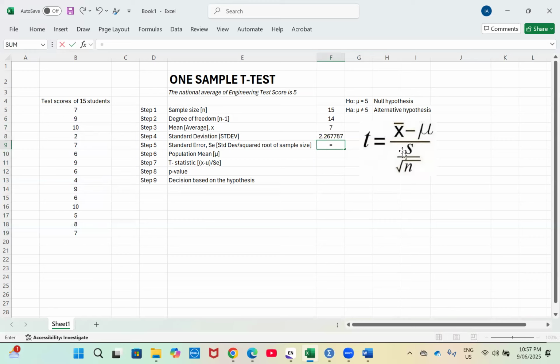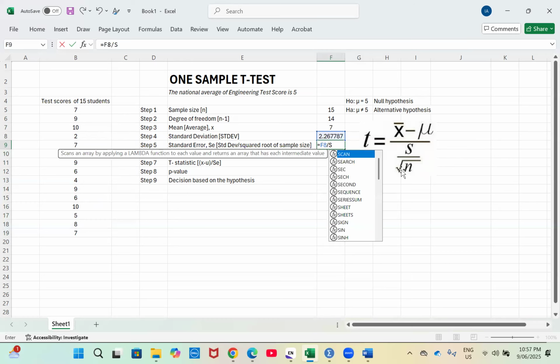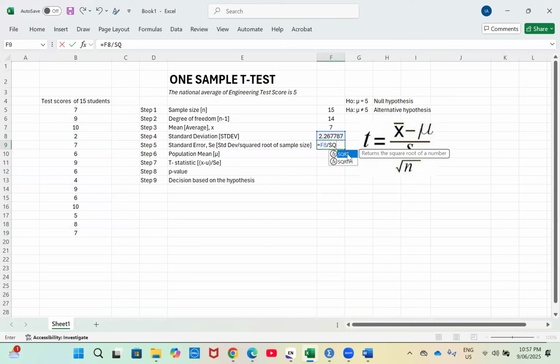For the standard error, to make it very simple, if you check the t statistic formula, the standard error is the denominator, which is simply the standard deviation divided by the square root of the sample size, which is 15 in this context.